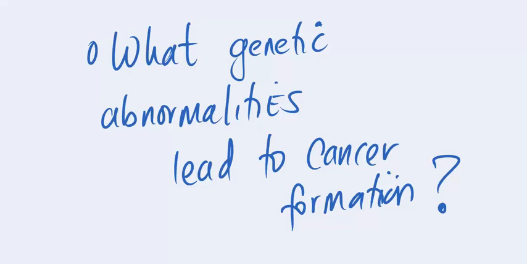Okay, what genetic abnormalities lead to cancer formation? On the chromosomal level, the mutations. With chronic myeloid leukemia, that's the 9 to 22 translocation.